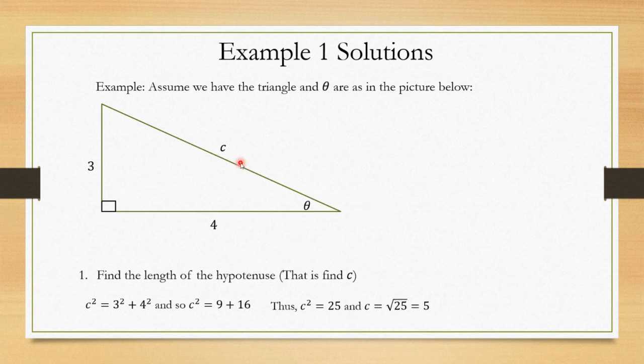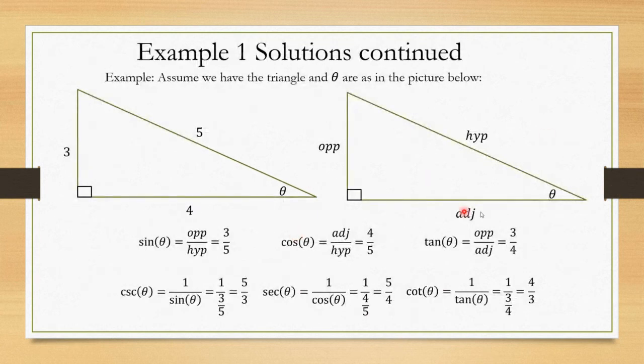Now, once we have that third side, we can get all the trig functions of theta. I put the definitions here. Sine of theta is the length of the opposite over the length of the hypotenuse. The opposite side has length 3, the hypotenuse has length 5, so sine of theta is 3 over 5.